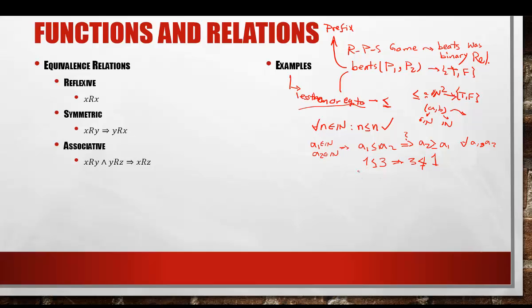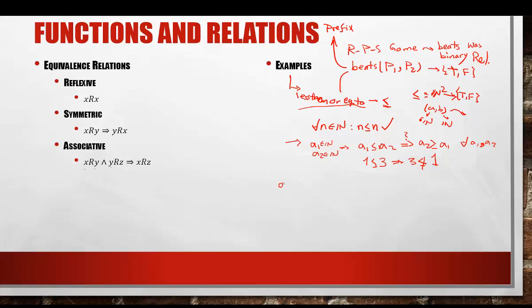Whereas equality is. A transitive relation is a relation that satisfies this condition: if you take three elements, x, y, and z, and x is in relation with y, and y is in relation with z, then x is in relation with z. According to this condition, less than or equal to is associative.